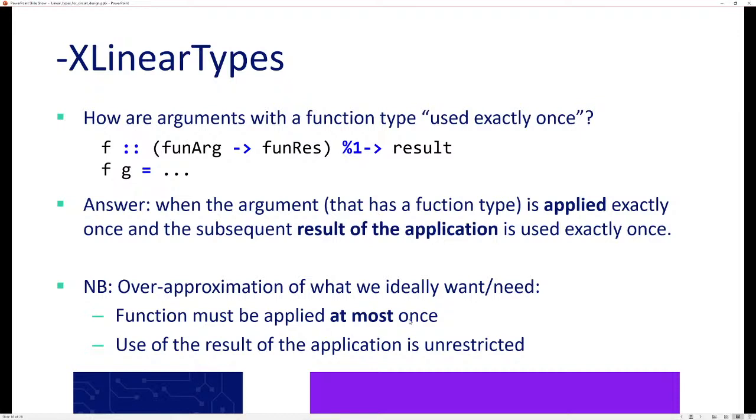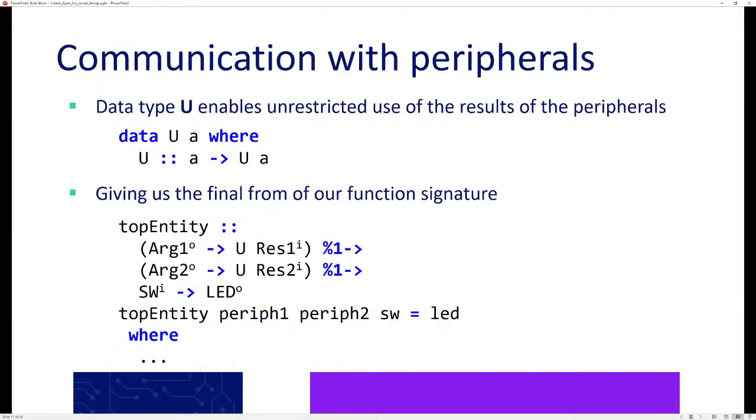It's not really important that we can't drop the function. We were interested in using them, so how do we do this unrestricted use? We introduce this data type U, which is just a simple wrapper.